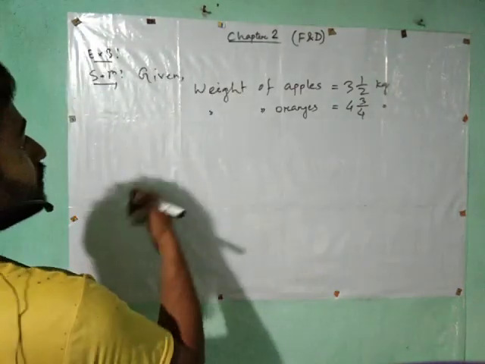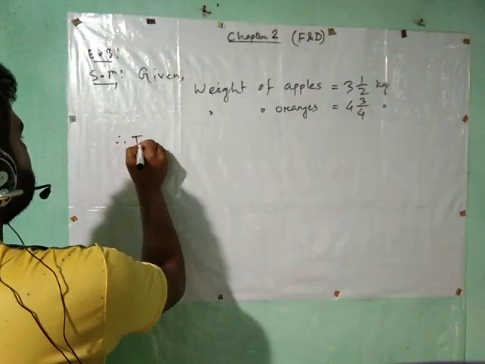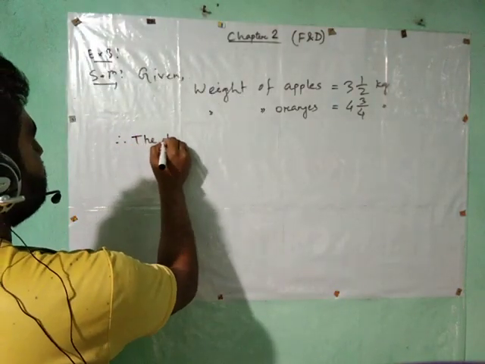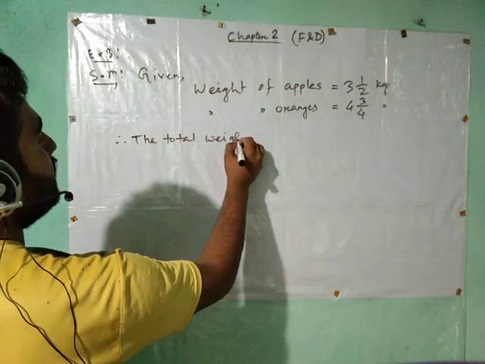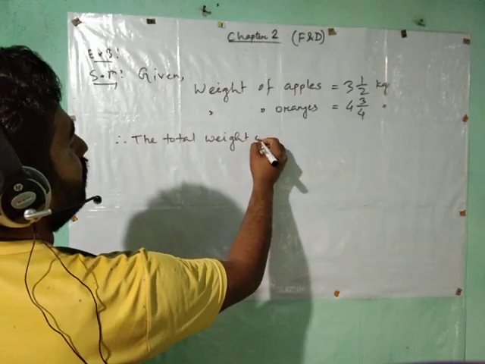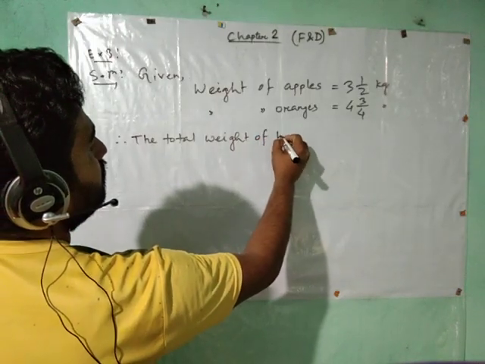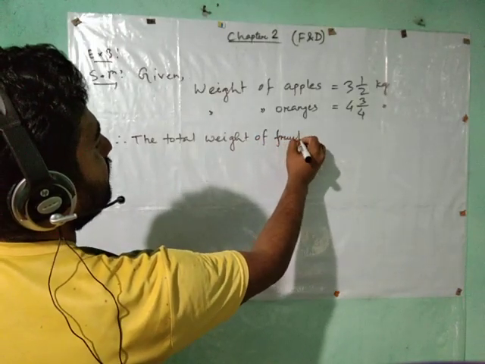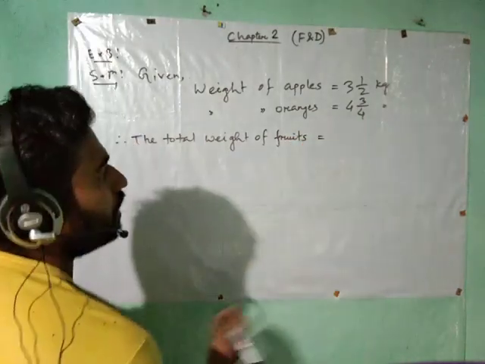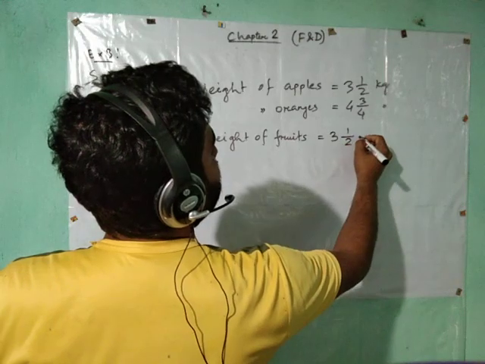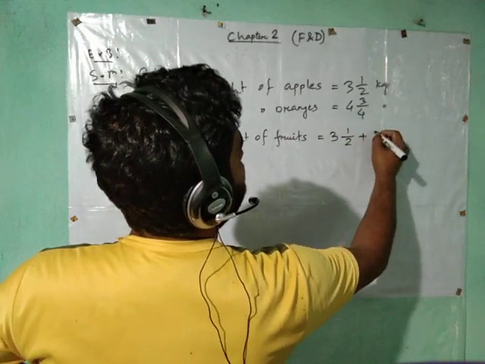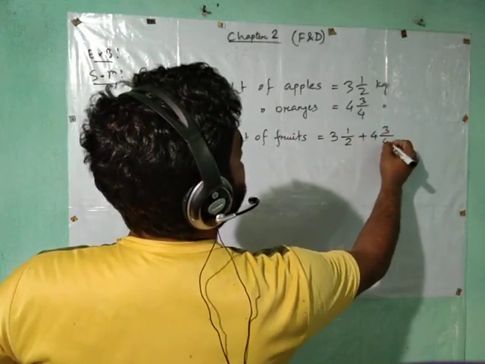Okay. Now, therefore, the total weight of fruits, you can write or you may not write, equals to, how will you get? Just simply add them. 3 1/2 plus 4 3/4.